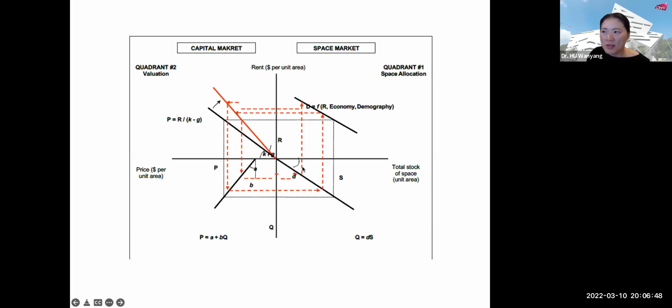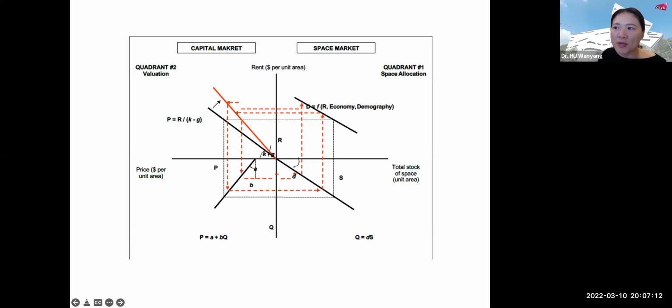So let's come back to the first quadrant. If the total stock becomes lower, it means that the rent will become higher, and then it comes to the second round of adjustment.